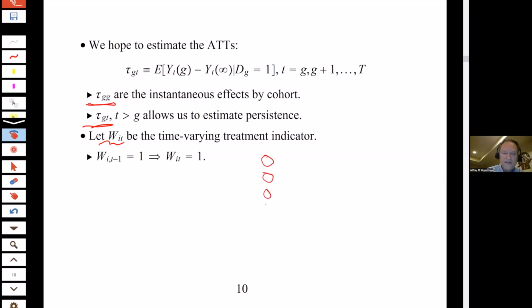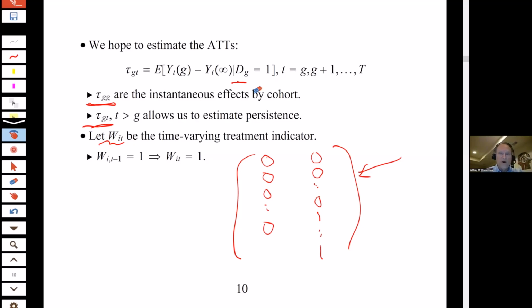In this case, the indicator is either all zeros for the never treated observation, or it's zeros followed by ones. These are the two patterns, but notice this varies over time, whereas the cohort indicator does not vary over time. It's one everywhere, or it's zero everywhere.